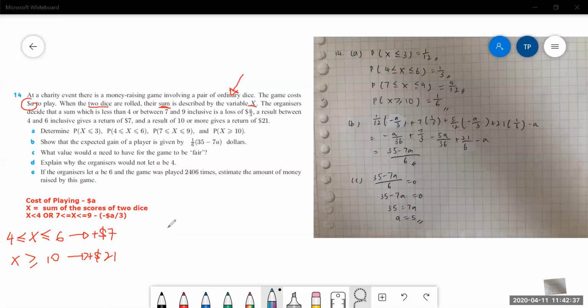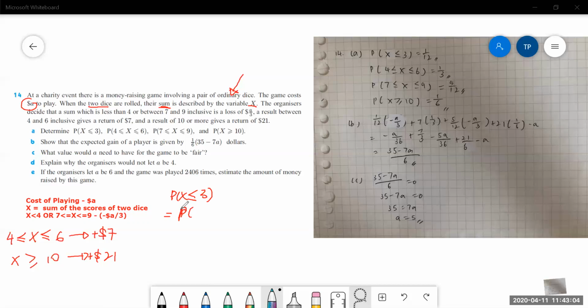So X less than 3 will be what? I put 1/12, but if you slowly write everything up, it's 3/36. That's why you get 1/12. So this is when you have to show your working, you cannot just jump straight to the answer. So how do we present it?